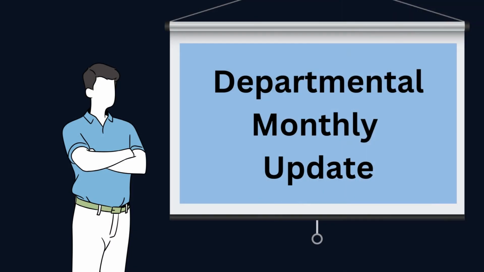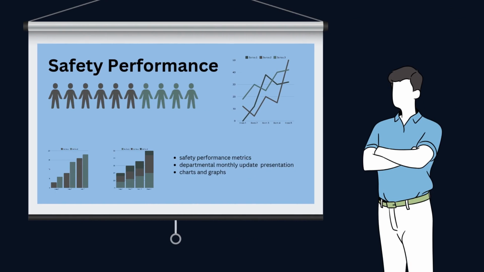Let's take a look at the last example video of the 5th mistake. Good morning, everyone. I'm here to share updates on our department's monthly report. We'll go over our safety performance metrics, production numbers, and the progress of ongoing projects. Let's get started.